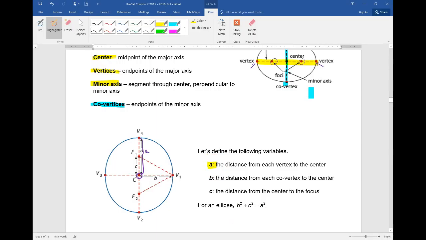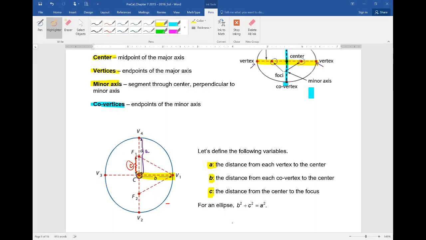If you measure the distance from the center to the covertex, that's B. And if you measure the distance from the center to the focus, that's C. So A goes from center to vertex, B goes from center to covertex, C goes from center to focus.